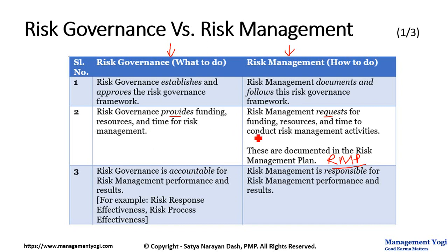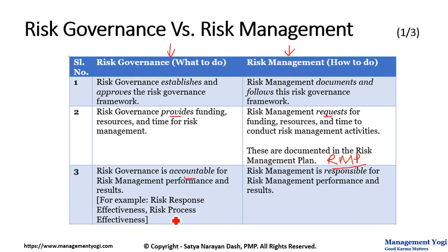Next difference. Risk governance is accountable for risk management performance and results. For example, risk response effectiveness or risk process effectiveness. The risk response strategies and actions are done in the plan risk responses process, whereas risk process effectiveness will be done in the monitor risks process.